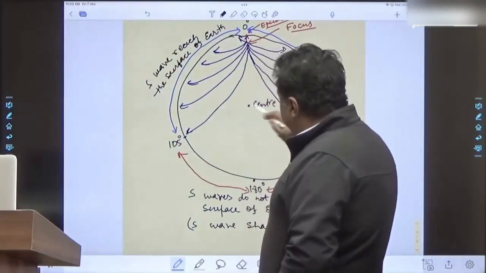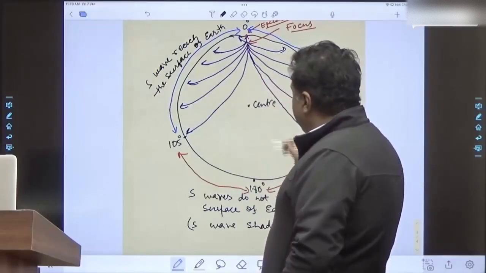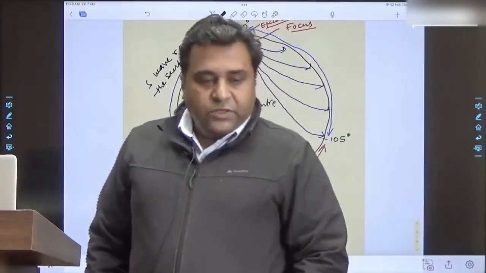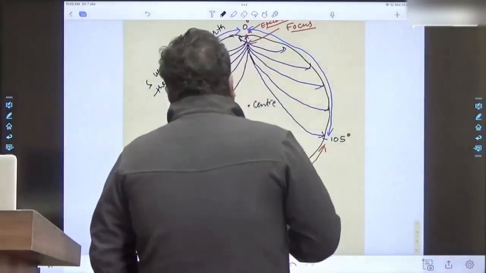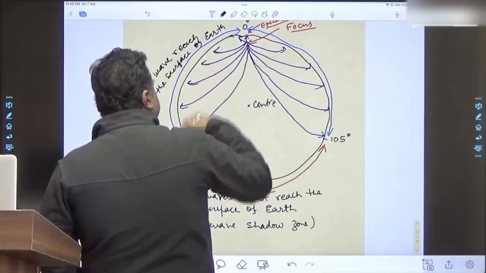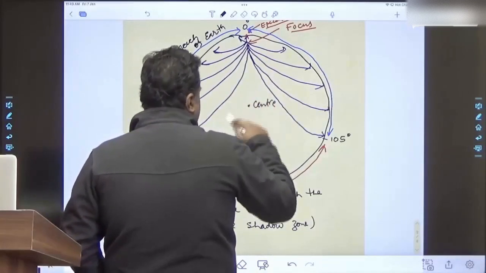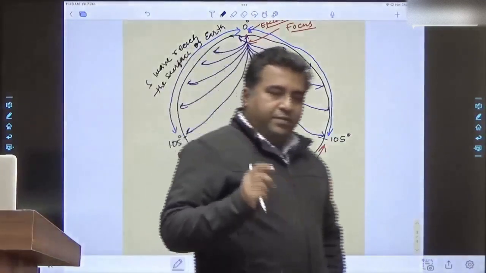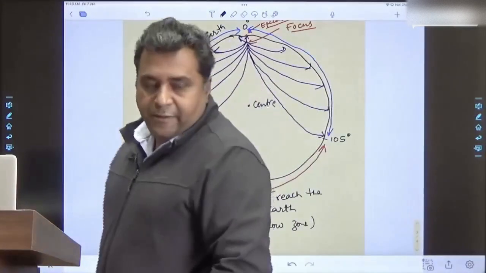But in this region, whatever S waves are there, they are not able to travel into this region. They are not able to pass this region. Yes or no? So this means that the S waves are able to pass only this much of the region and hence they are able to reach the surface. But S waves are not able to pass this region and hence they are not able to reach this region. Right? Full stop. So once you have drawn this, then write down.